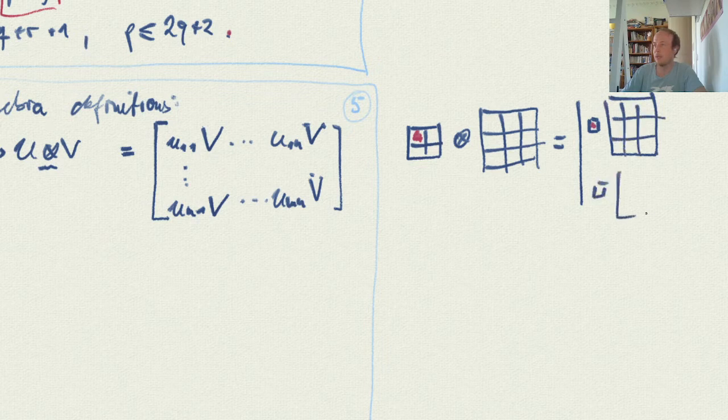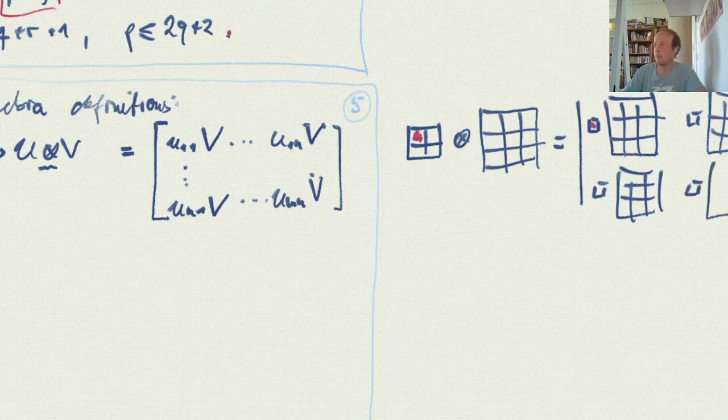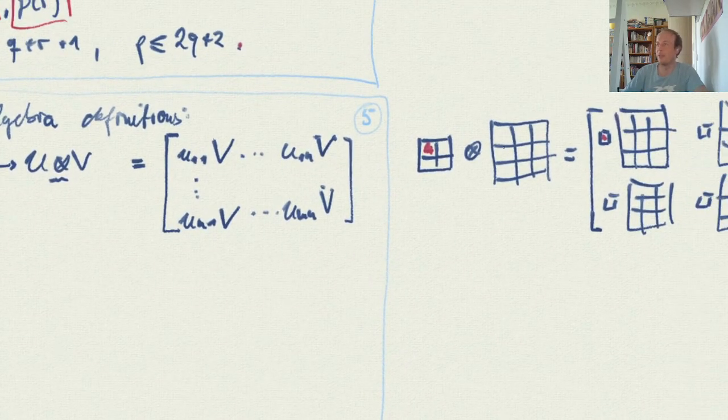Same here. So that's a Kronecker product. It really blows up the matrix dimensions by taking the product of these matrix dimensions. Here's this green entry, and then here's the green entry. Since it's just a scalar, one can just take the scalar multiplication of a scalar and a matrix.